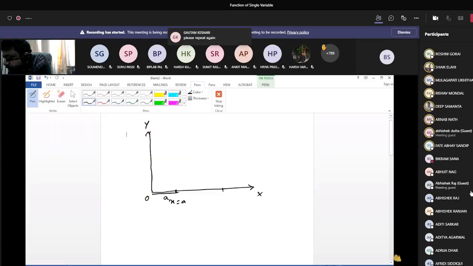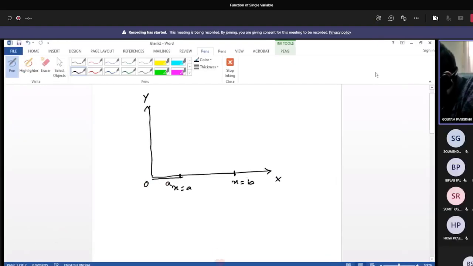Now this point is x equals b. This concept is very important for the solution of the subsequent problems that we will discuss. Now here see, b is some higher value and this interval is b minus a.